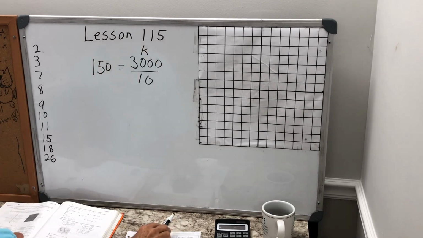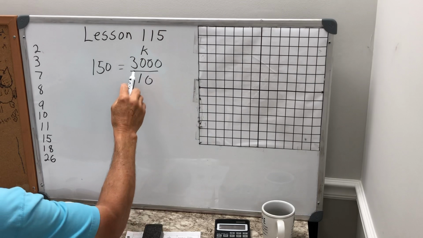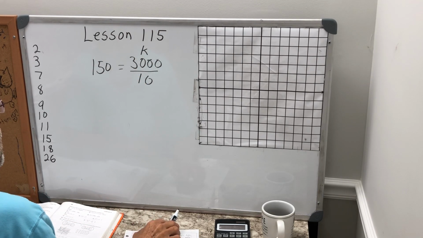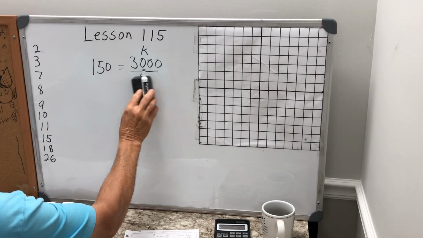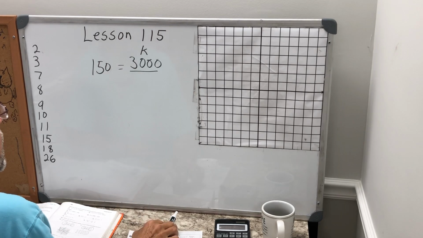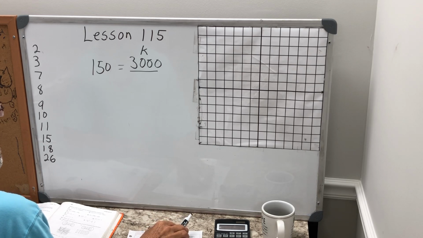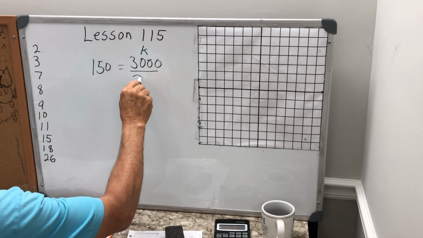Now we must make this equation true, and we will not change the 3,000 because that is our constant. What would we change if we need to change this number? 3,000 divided by 150, is that 20?